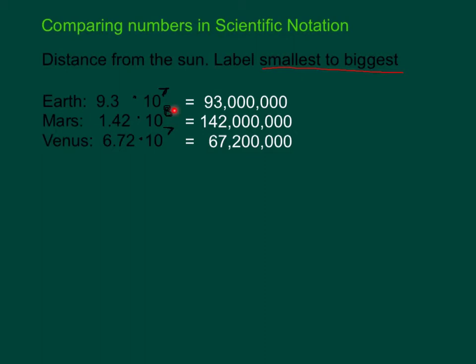Let's talk about what we know about those exponents. 10 to the 7th power is equivalent to 10 multiplied by itself 7 times, which is 10 million. 10 to the 8th power is equivalent to 10 multiplied by itself 8 times, which is 100 million.